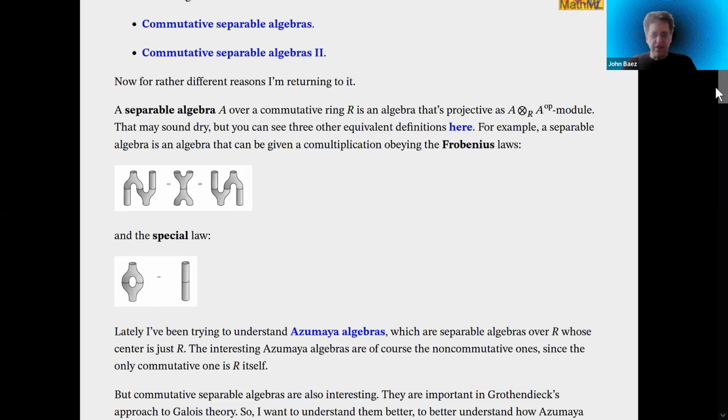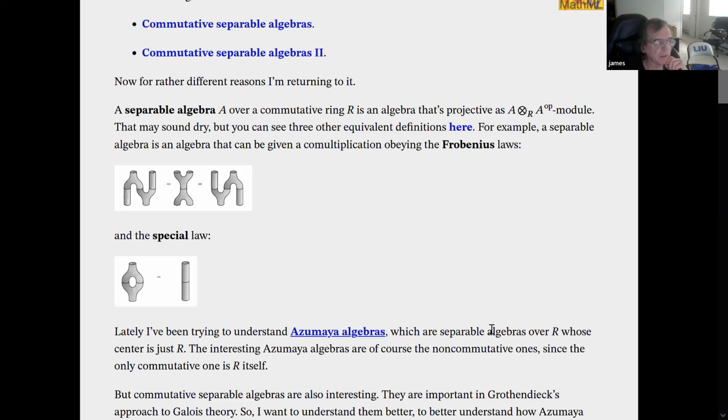One way that people often say is that Azumaya algebras are separable algebras which are central, whose center is just R, where R is the ground commutative ring. I've been trying to understand a good proof of that for quite a while, and I know some proofs, but they're all too complicated, and I'm not done figuring that out.